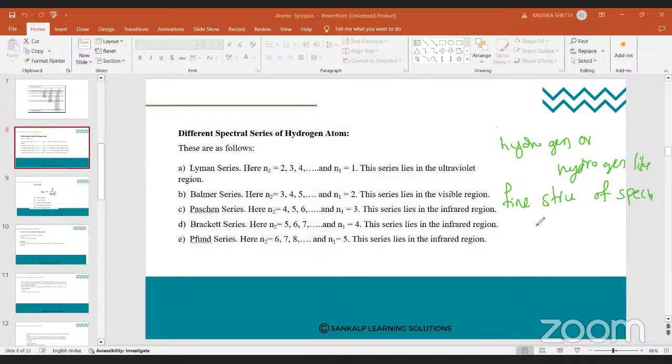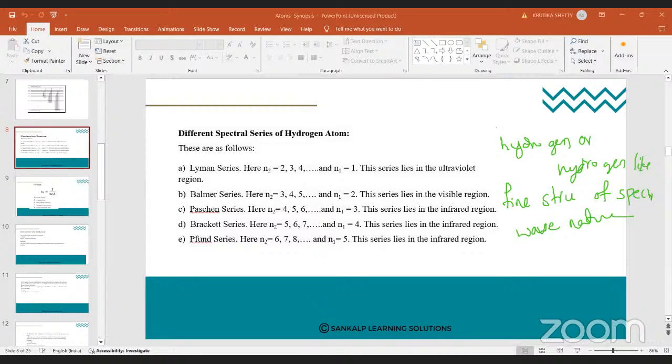The Stark effect and the Zeeman effect also could not be explained by Bohr. He could not explain the wave nature of the electron. These are the demerits or limitations of Bohr's atomic theory, which we already discussed in the last class. I have just revised it.